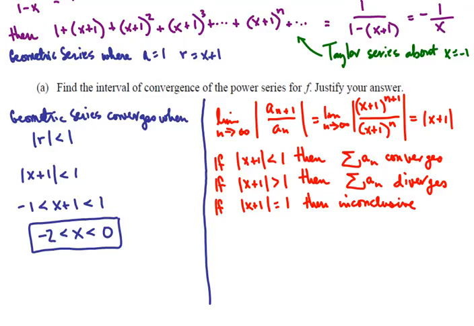So if we want to find out where this converges, we just set the absolute value of x plus 1 to be less than 1 and solve for x, which we just did on the right side, so I won't do that again. And so we can see here that the interval of convergence is going to be from x equals negative 2 to x equals 0. And that's exactly what we found using the geometric series test. So we could have done this one either way. Normally, if it's not a geometric series, we will always use the ratio test.